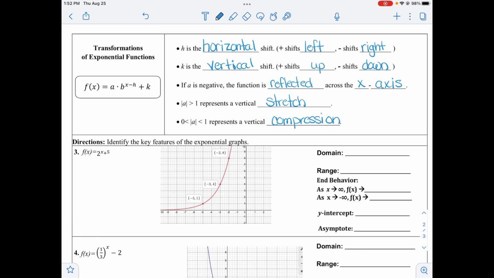In this particular transformation, as always, the h is the horizontal shift, so left and right. If it's positive, it's going to shift left, negative is going to shift right. Notice where the h is here. And then the vertical shift is what moves it up and down. We know part of the formula is plus, so we can look at exactly what it is.